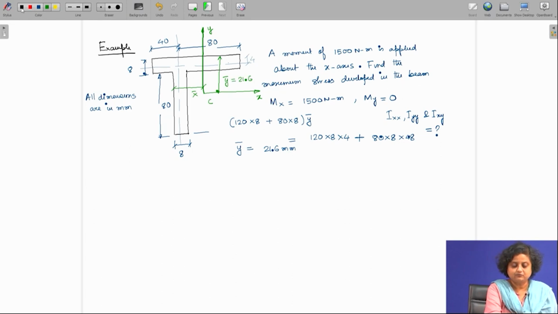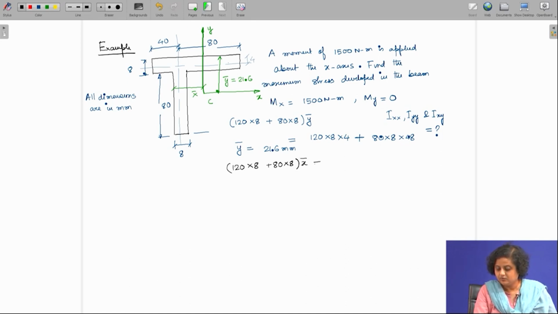Now, let us try to find out x bar. So, the same thing applies. So, 120 into 8 into x bar is going to be equal to 120 into 8 into, so the centroid is at 60.